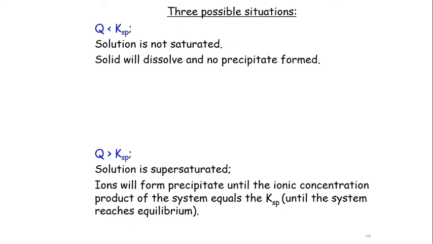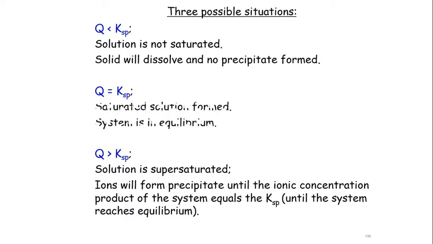The second one is when the value of Q calculated is equal to the value of Ksp. This means that a saturated solution is formed and the system is in equilibrium.